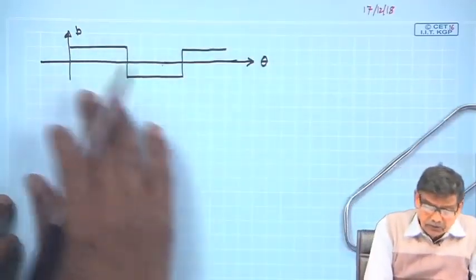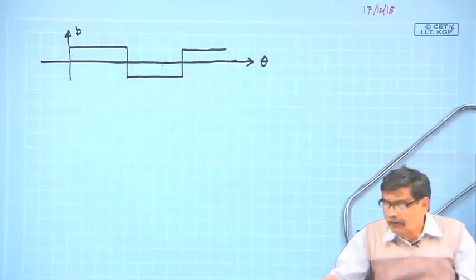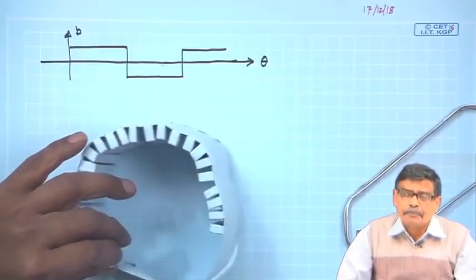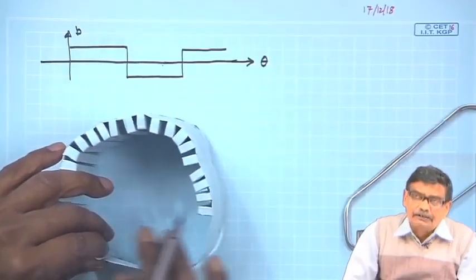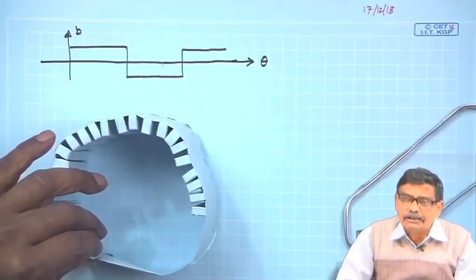Because I showed that if you are using a single coil, first of all, single coil means you require only 2 slots. Then the rest of the space of the iron will be underutilized, that is one thing.